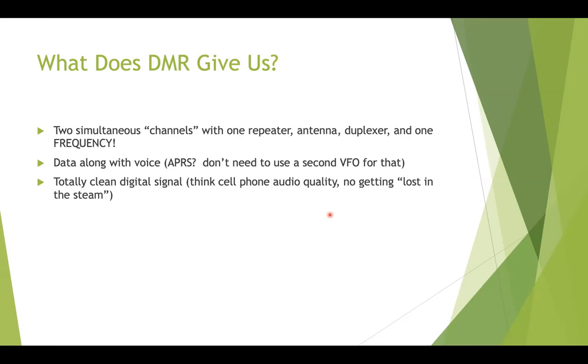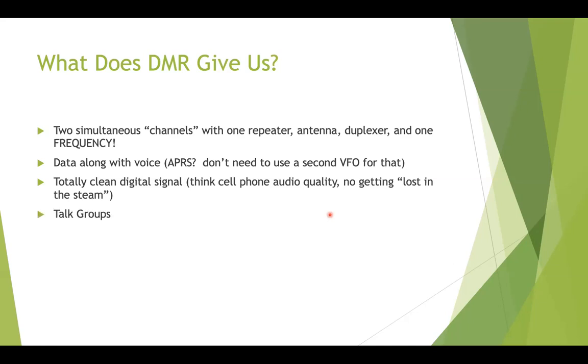So there won't be any of this halfway getting through or, sorry, I can't copy you very well, can you repeat type of thing, because it's either going to be a solid, clear signal or nothing. So kind of like how the digital TV is nowadays, you either have a picture or you have nothing, right? That's a cool feature that DMR gives us, is that solid audio quality.